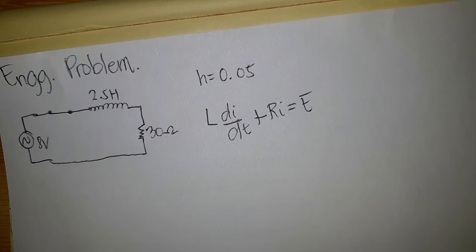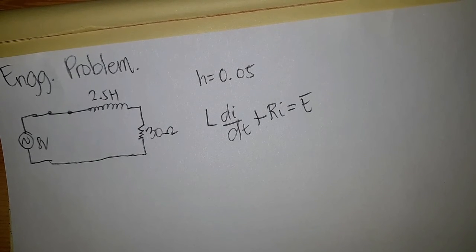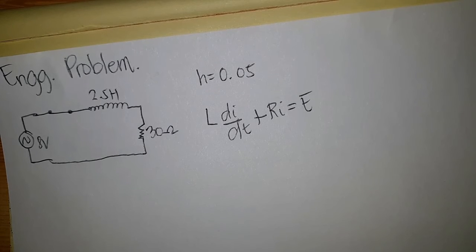The R is the resistance of the resistor in the circuit, the I is the current, and the E is the voltage source in the RL circuit.